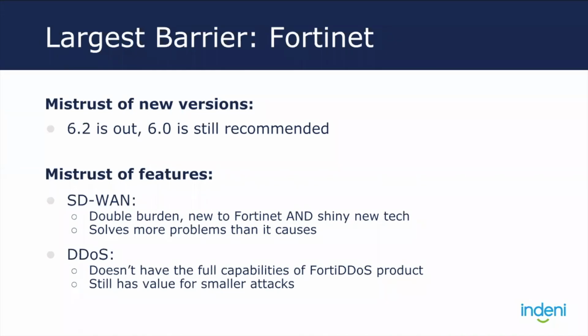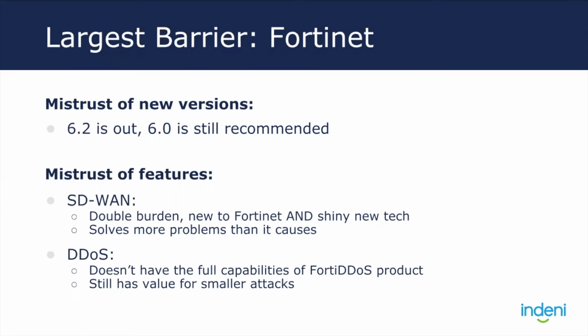But I'm going to ask you to open up your minds a little bit, and at least in your labs, start looking at 6.0. Because there are some cool features out there that I don't see a lot of people using. SD-WAN is one of them.